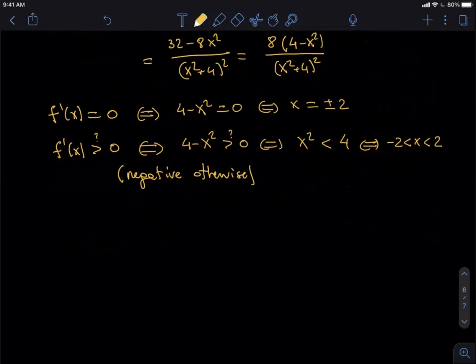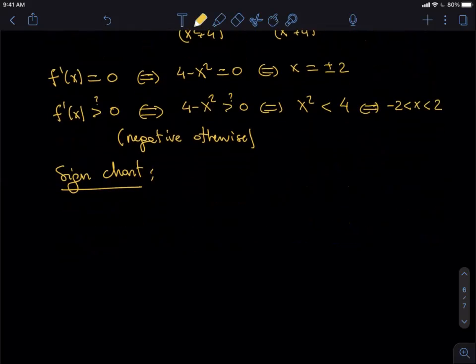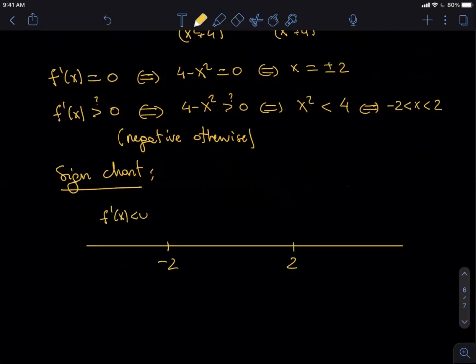So now we can put all this information in a sign chart. So this is -2, and this is 2. And here we have, whenever x is less than -2, f prime of x is negative.